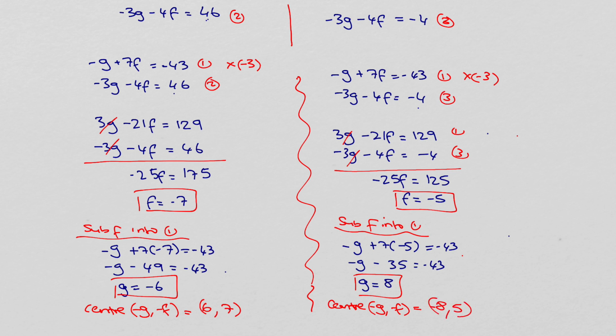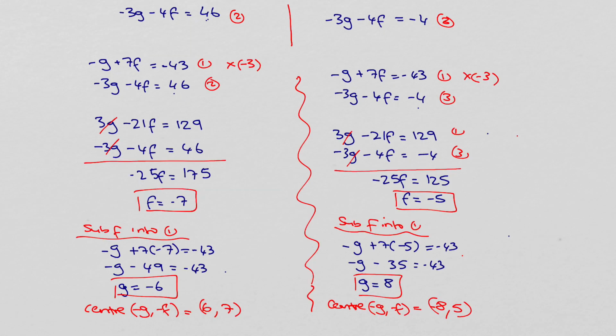Okay, so we need to write down then the equation of the circle. So even though I've found minus g and minus f, I already have the centre, so I don't need to find c, and therefore I don't need to use this format here. I'm actually going to go with the easier version, which is x minus h squared plus y minus k squared equals r squared. So if we take the first circle, circle 1, we know the radius is 5 centimetres, and we've just established that the centre is 6, 7.